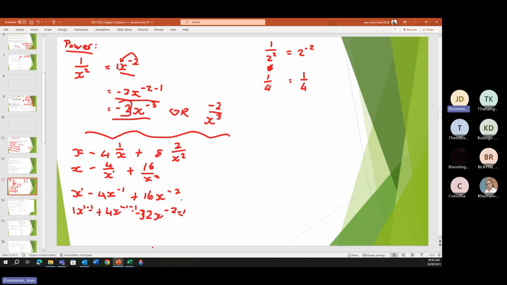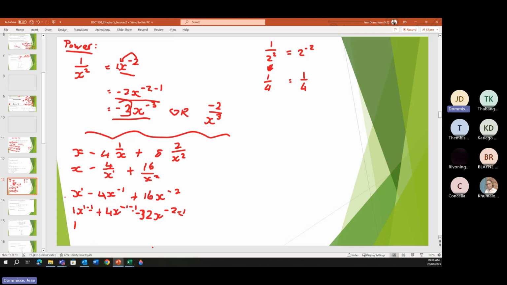Okay, so it looks again a bit like what we say in Afrikaans, deurmekaar. So there's a lot of things in here that one must keep your head for when you're going to calculate it. X to the power of 1 minus 1, so that's x to the power of 0. X to the power of 0 is always equal to 1.